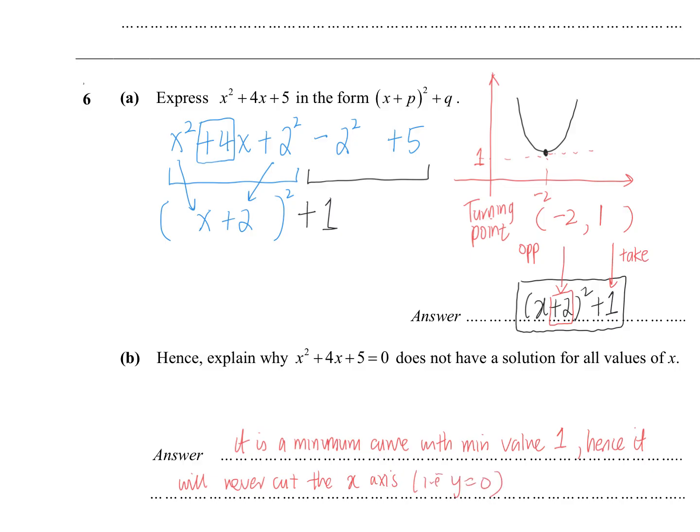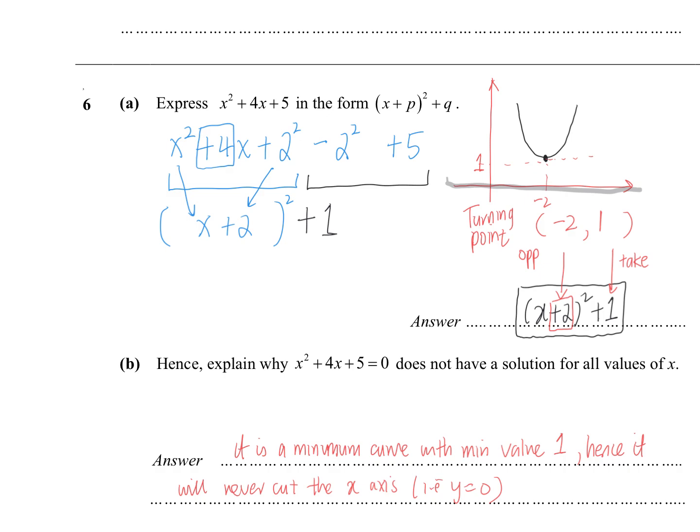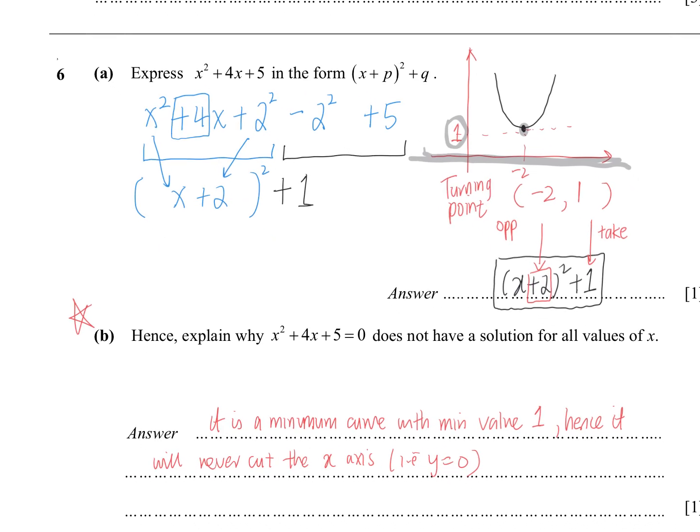The whole graph is above the line y equals 0. It will never cut it because the lowest point is at 1. It is above the x-axis, so it will never meet it. This is the type of question they like to ask for explanation. If you never say minimum curve, you tell me minimum point above 0 also can, or the lowest point is 1 also can.